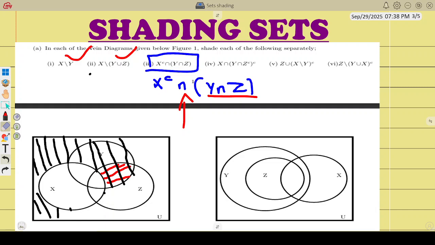In here we do not have red, meaning this is not the intersection. The intersection is just there where we have both red and black. So this is your final answer. This is how you would shade.